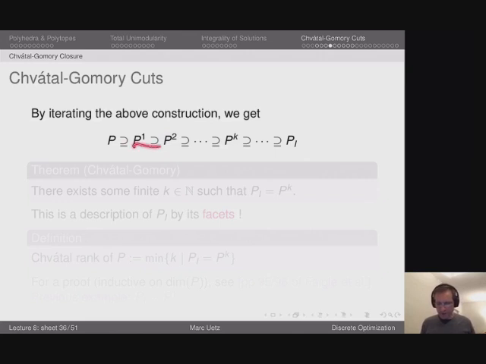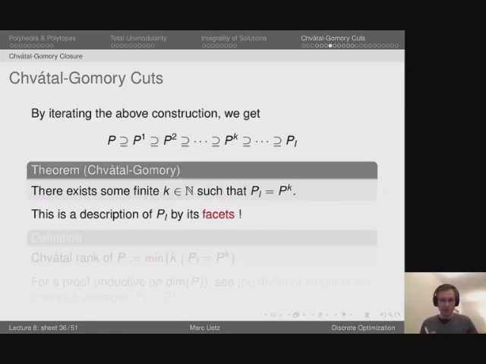And all these by construction will be supersets of the convex hull of the integer points. And there is a deep theorem by Schwartal and Gomory which says that there exists some finite value k such that I actually have constructed the convex hull of the integer points.